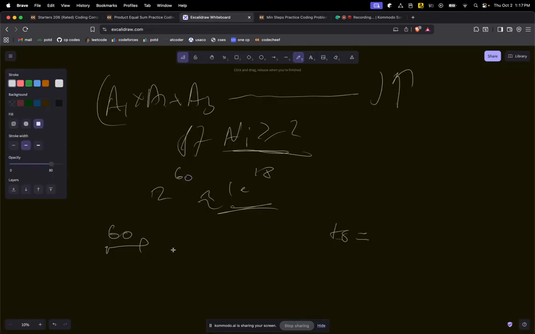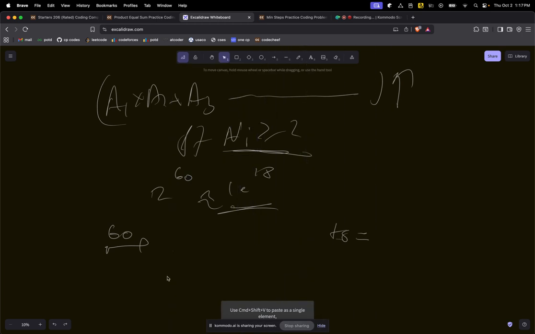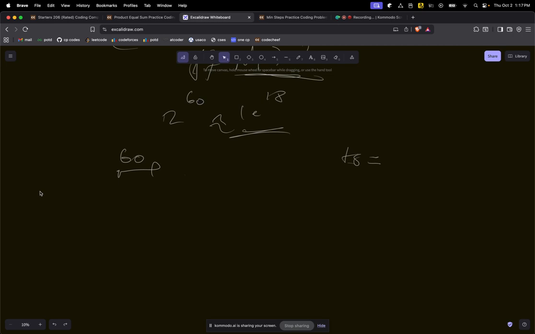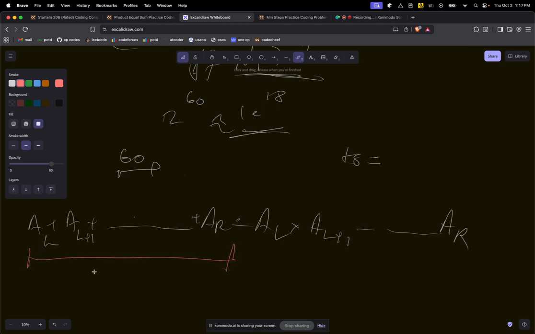So you know that for the subarray, a_l plus a_(l+1) plus dot dot dot plus a_r equals a_l into a_(l+1) dot dot dot a_r. Now this can have at max the value of the total sum of the array.